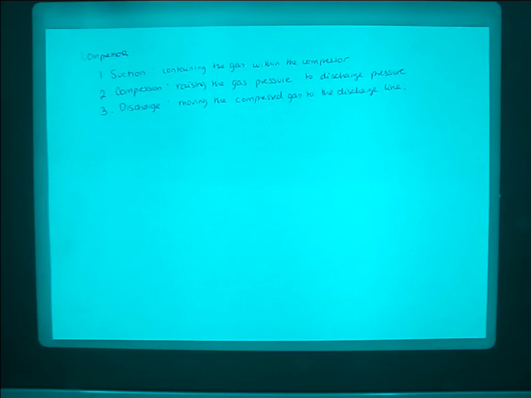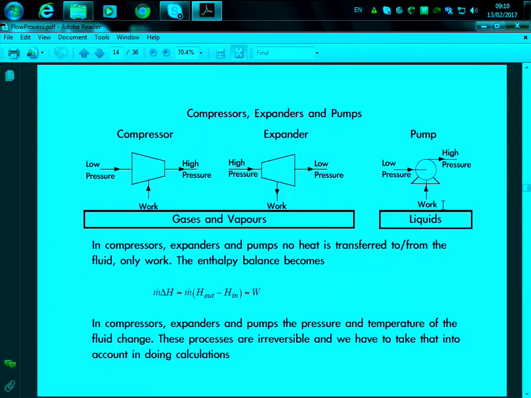Okay, so then we go to the next slide, and basically we already explained that last time, and again, most of our calculations will use an energy balance.